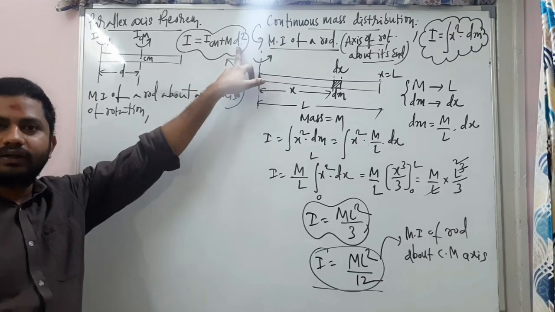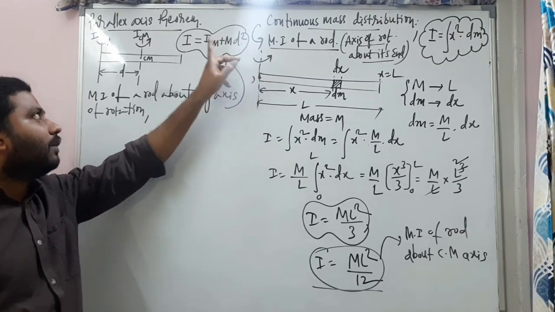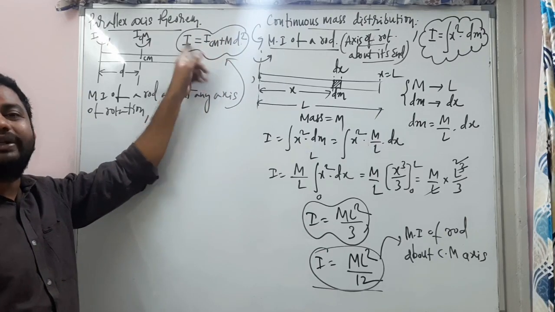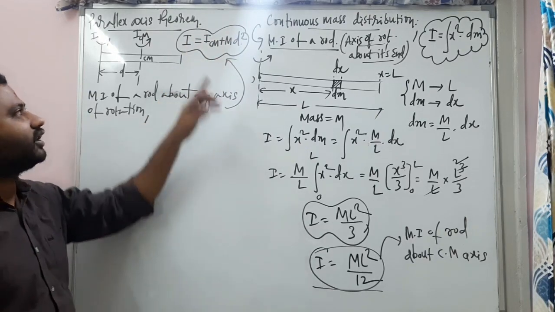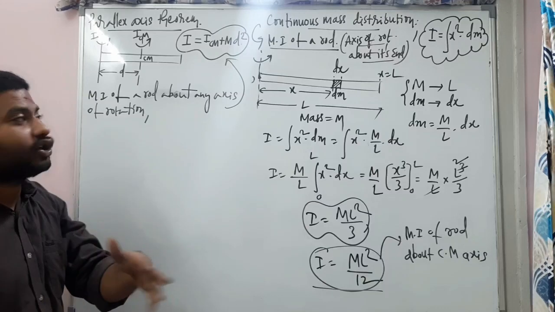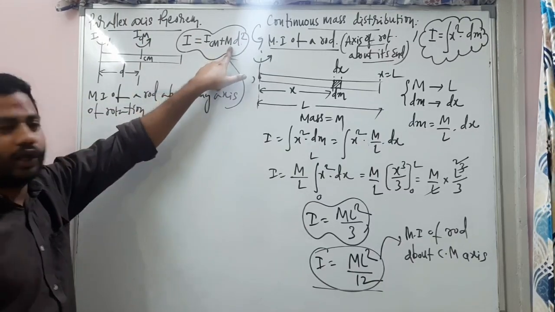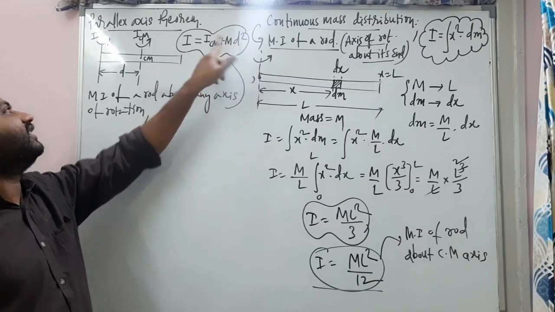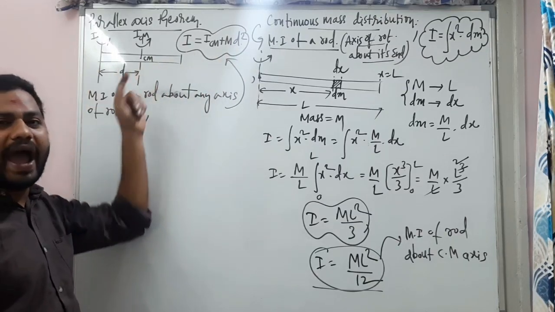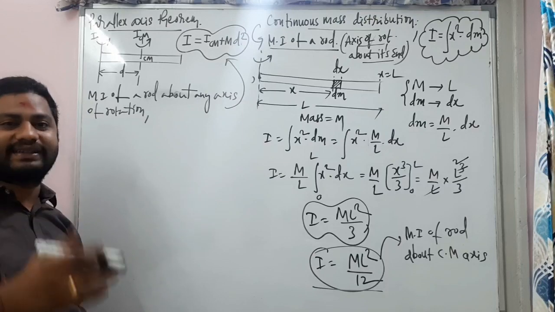MD square. Moment of inertia of the rod about any axis of rotation is equal to moment of inertia of the rod about center of mass axis plus mass of the rod into square of the distance between these two axes. That's called parallel axis theorem.